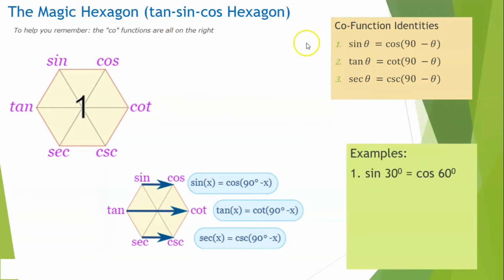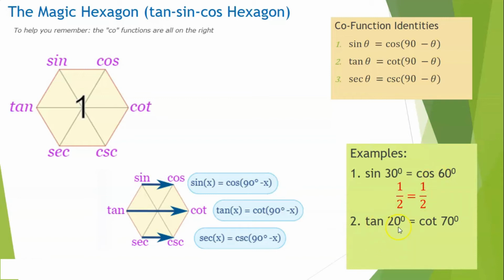Meaning sine 30 is just the same as cosine 60, because sine and cosine are co-functions, and 30 plus 60 will end up with 90 degrees. So we can always counter-check this. Sine 30 is 1/2 and cosine 60 is also 1/2.